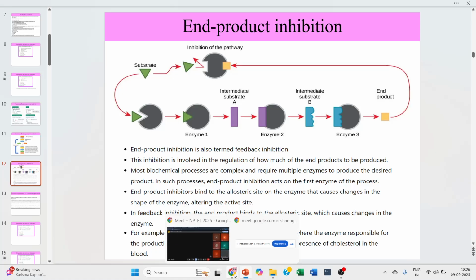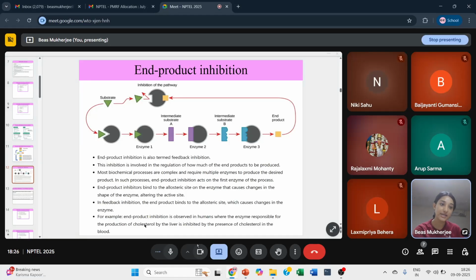Now there is something called end product inhibition. What is it? It's exactly the same thing, right? This feedback inhibition is also called end product inhibition. Another example is that end product inhibition is observed in humans, where the enzyme responsible for the production of cholesterol by the liver is inhibited by the presence of cholesterol in the blood. So we don't need more cholesterol in the body because there is already so much cholesterol in the blood, right?